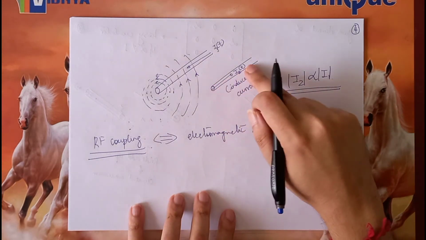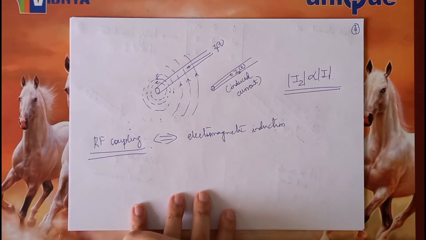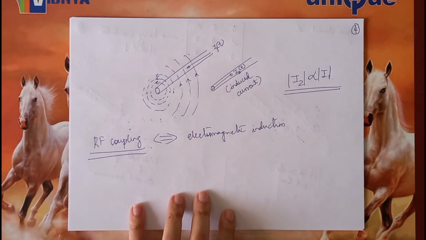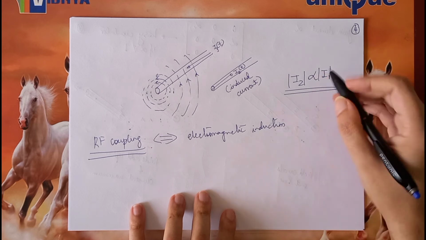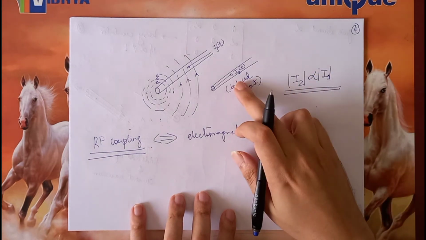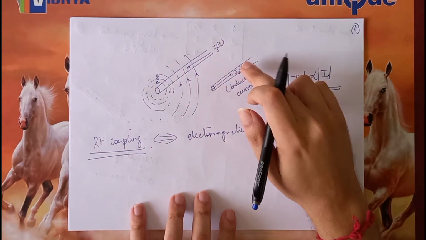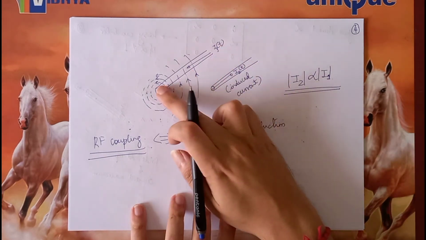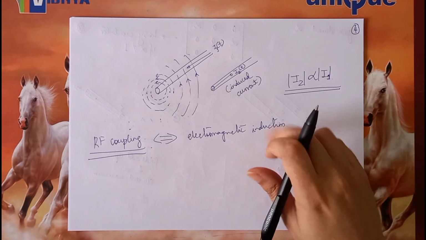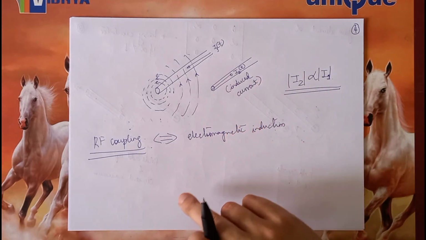Obviously, the direction of I2 will be opposite because of Lenz's law, which says that the direction of the induced current must always be opposing the cause that is producing it. But all said and done, more the value of I1, more will be the value of I2, because more I1 means stronger will be the magnetic field. So the EMF or the induced current in the second conductor will definitely be more.